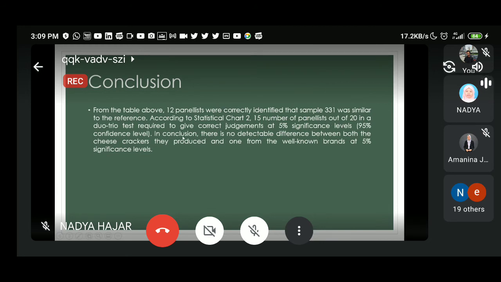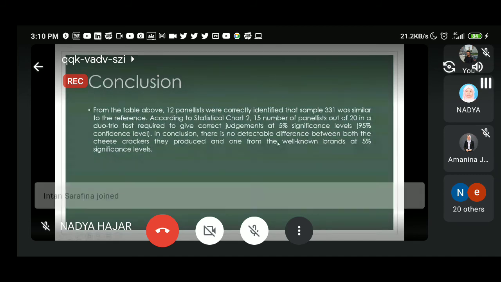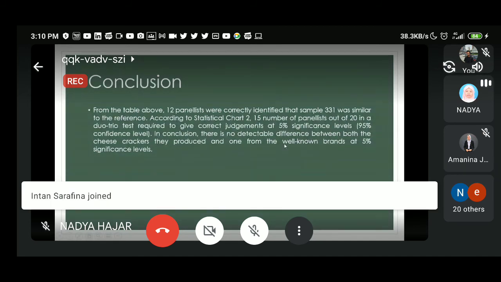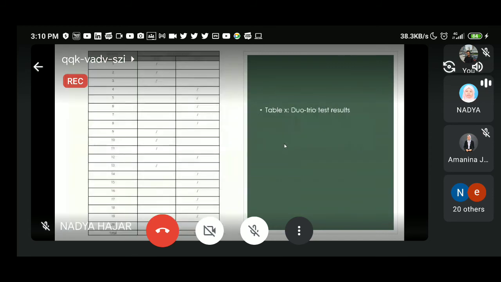In conclusion, there is no detectable difference between both the cheese crackers they produce and one from the well-known brands at 5% significant levels. Okay, maksudnya 15 orang ke atas panelis baru kita kata ada significant difference antara kedua ni.